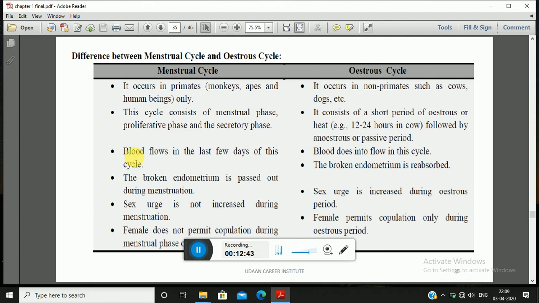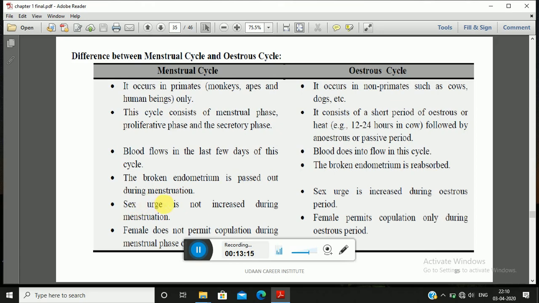In the menstrual cycle, blood flows in the last few days of the cycle, whereas in the oestrus cycle, blood does not flow. So this is considered one major difference between the menstrual cycle and the oestrus cycle. Blood flows in the menstrual cycle, whereas blood does not flow in the oestrus cycle. In the menstrual phase, the broken endometrium is passed out of the body, whereas in the oestrus cycle, the broken endometrium is reabsorbed.